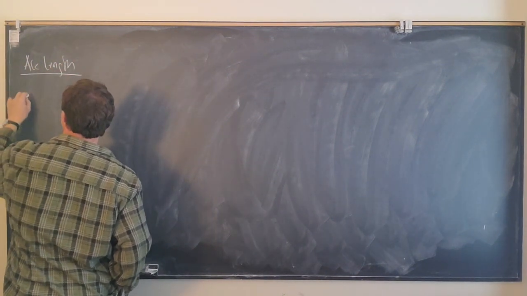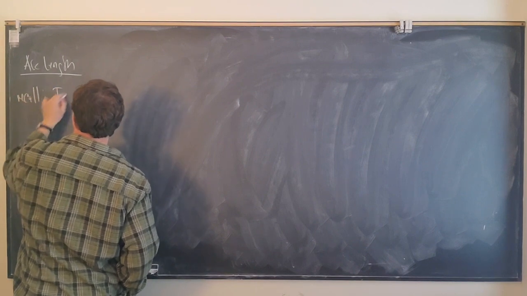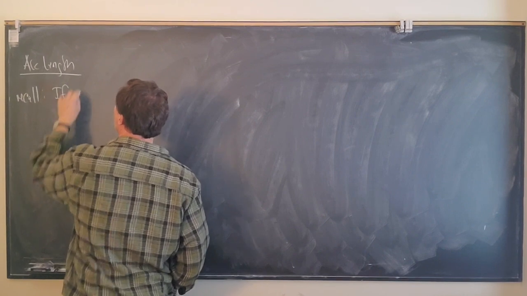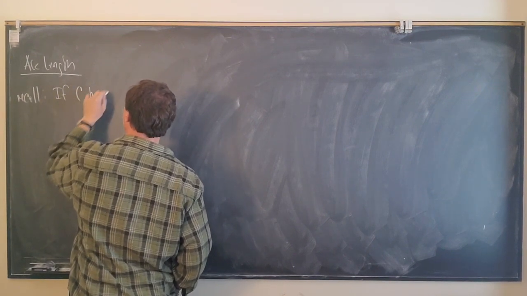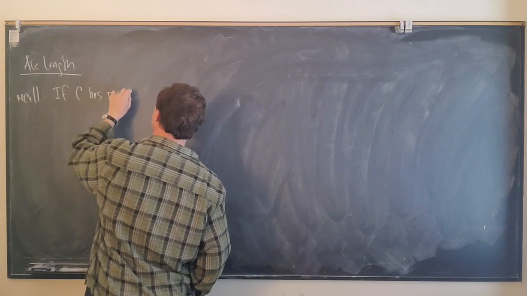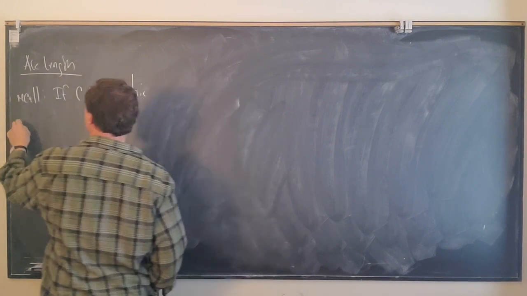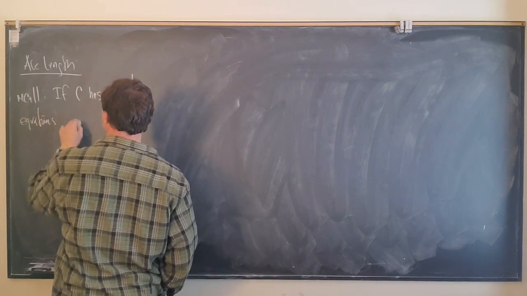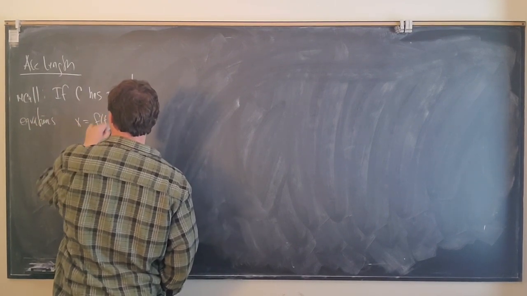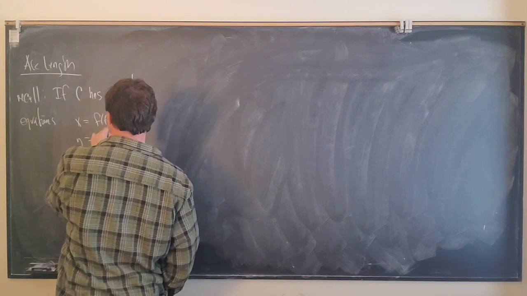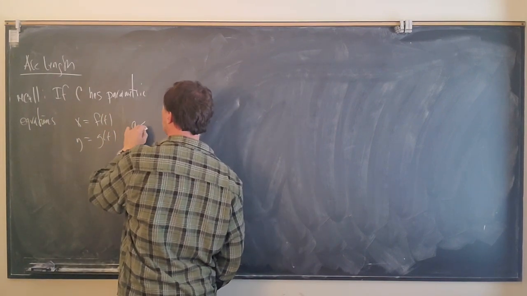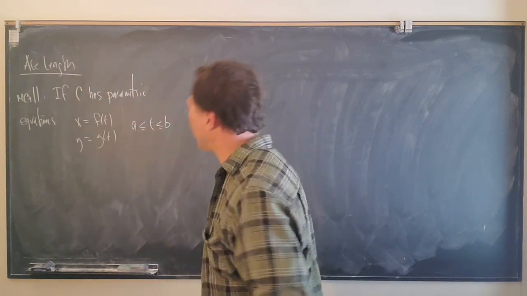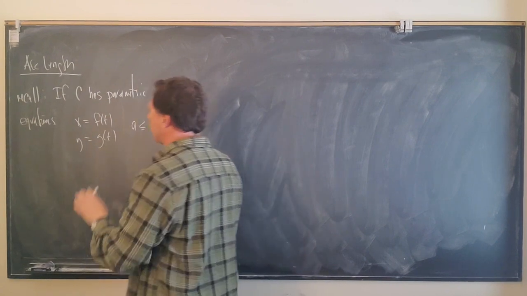So let's recall, if we have a curve C in the plane with parametric equations x equals f of t, y equals g of t on some interval, and of course we need the curve to be traversed exactly one time, but just remember that.